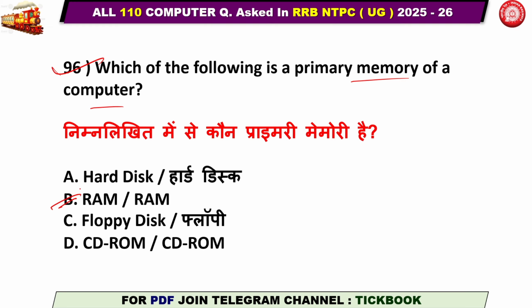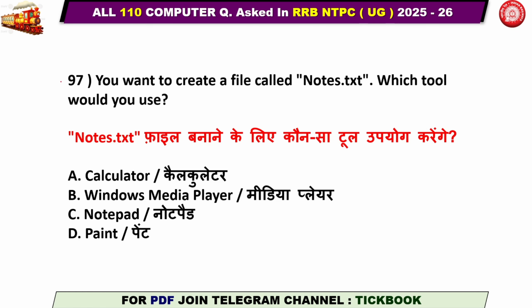Option number B, RAM. 97. You want to create a file called notes.txt. Which tool would you use? Option number C is the right answer, Notepad.